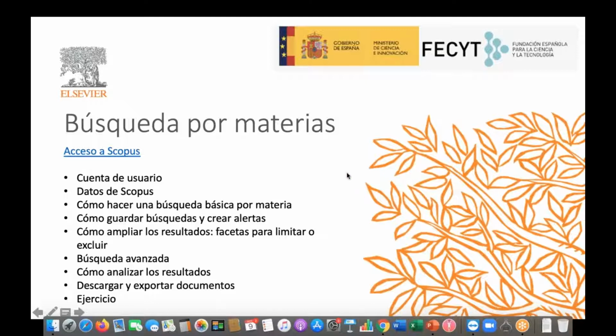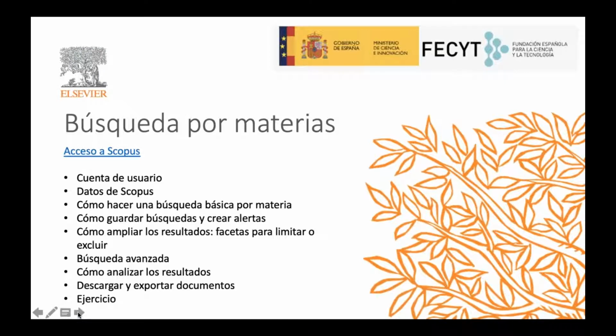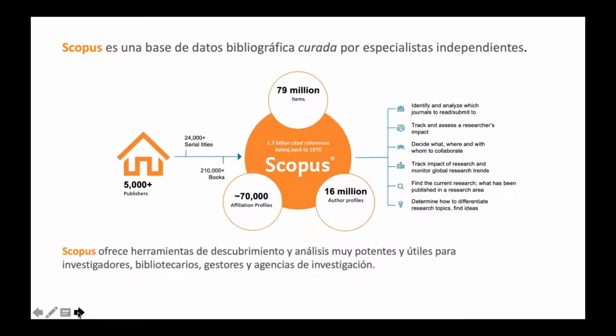Yes. Okay. Great. So I was saying that this is the agenda for the day, and I would like to point out the fact that Scopus is not a full text database; it's a bibliographic database. That means that it does not have the full text of the articles indexed in it.